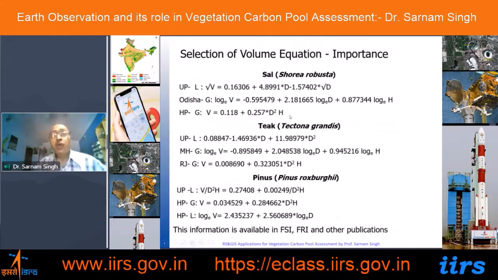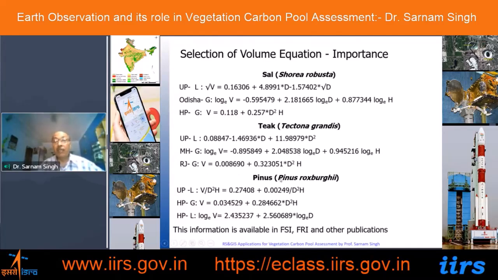For Shorea robusta, you can see here, this is for UP. This is the volume equation here. They take the diameter, square root of diameter and volume square root. For Odisha it is different, same species. In UP it is different. For Himachal Pradesh it is different. Teak in UP is different, Maharashtra different, Rajasthan different.